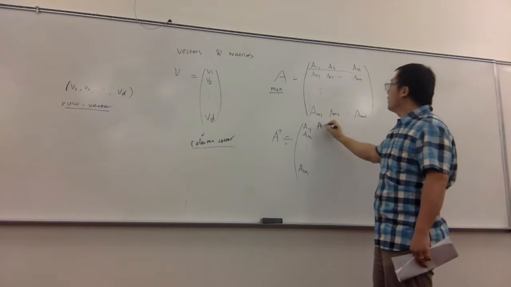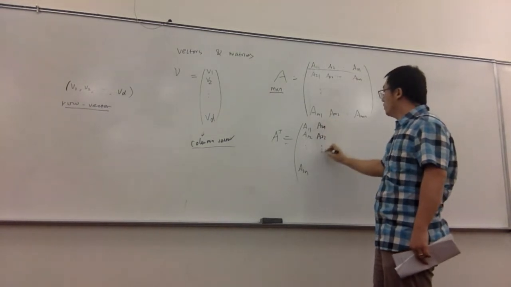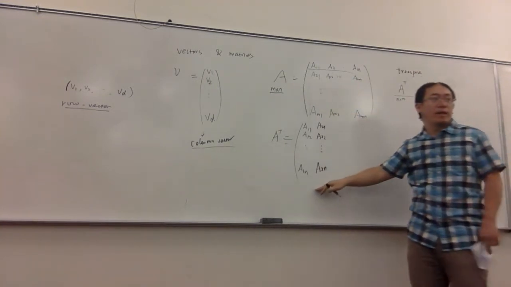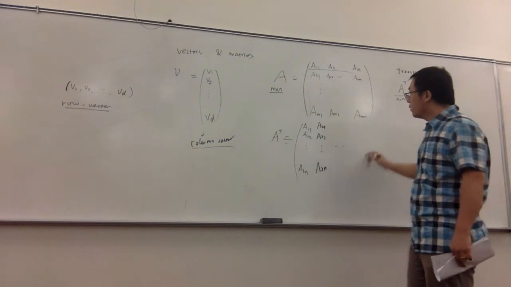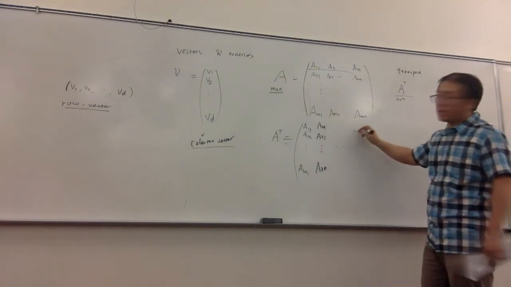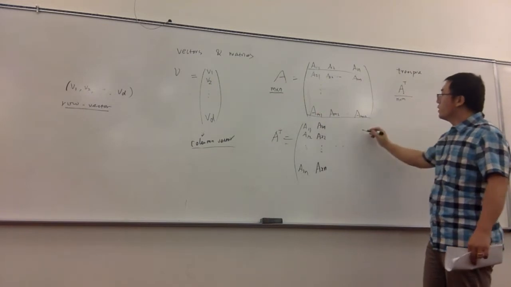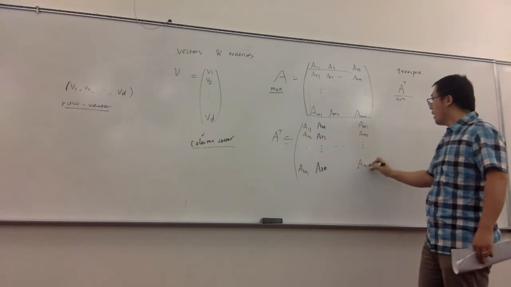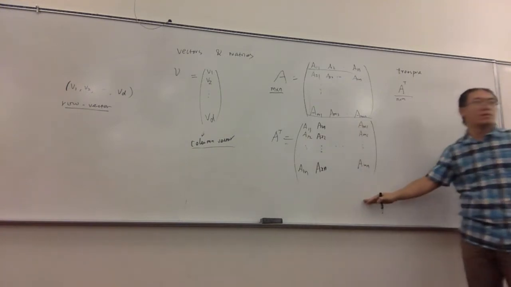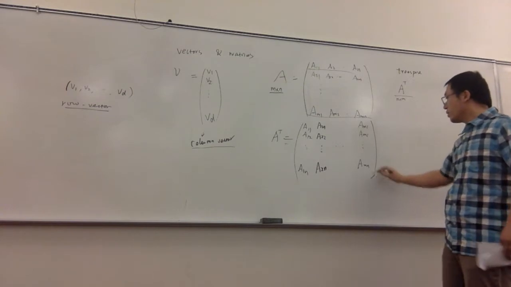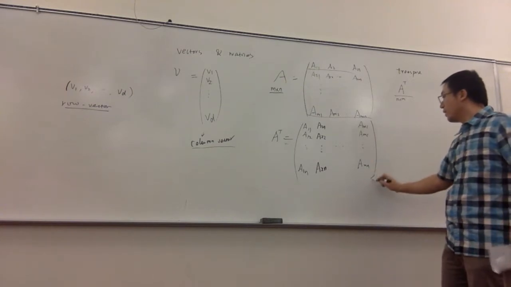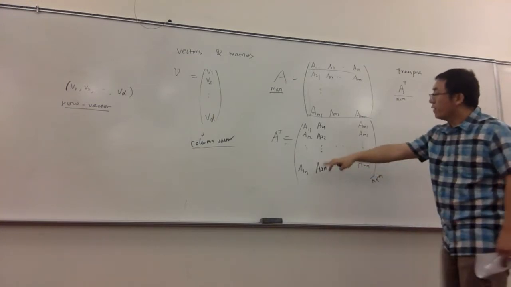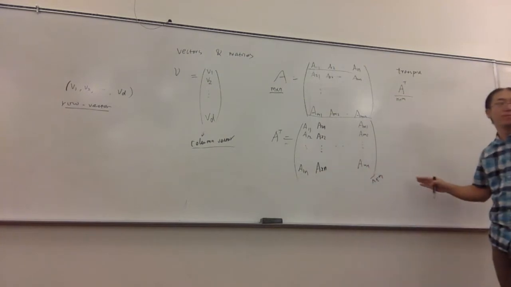So it is A21, A22, A2n. And then we can enumerate each column in A transpose. And finally we end up with the last column, which corresponds to the last row in A, which is Am1, Am2, Amn. So this is A transpose. And it's easy to see that A transpose is of size n by m, because you have n rows and m columns now.